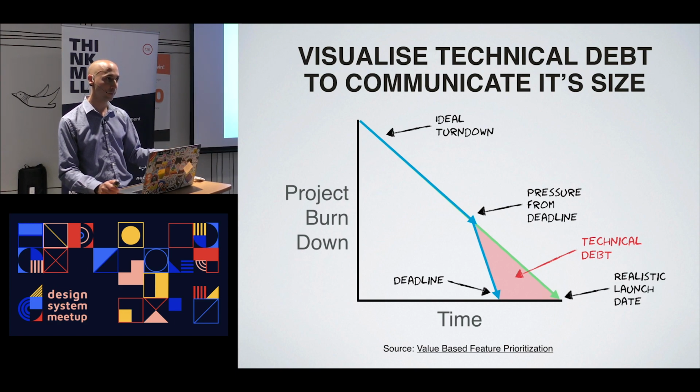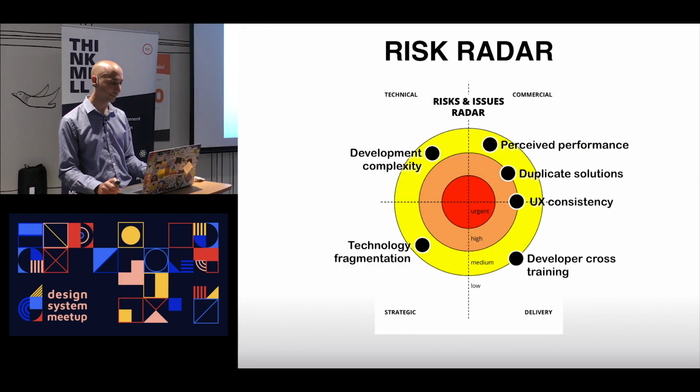If you're trying to convince someone to pay back technical debt, or someone decides to move a deadline, graphs like this are very useful, because you can say, our projected deadline was here in the green, but you've decided to move our deadline forward. That volume now represents the total amount of technical debt and lower quality software that we're now delivering. This now becomes quite a compelling illustration of what technical debt is.